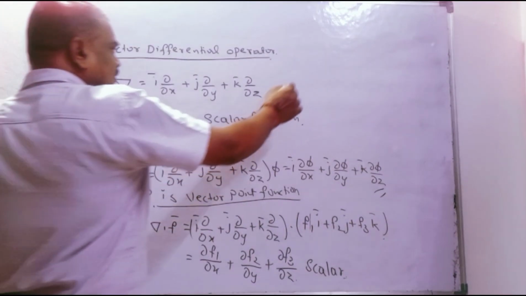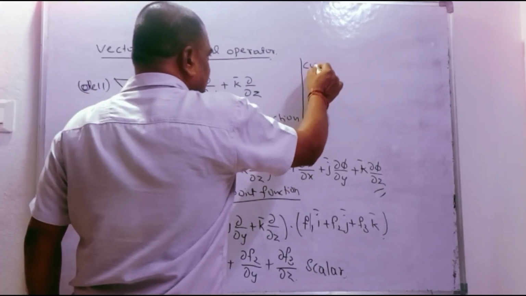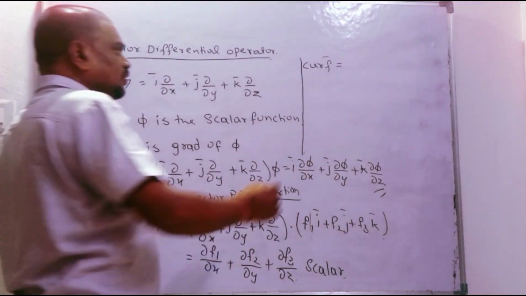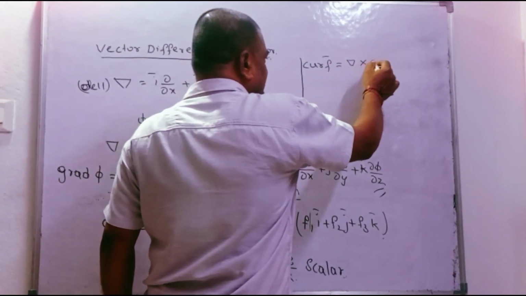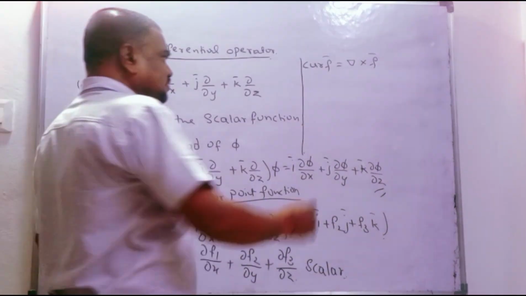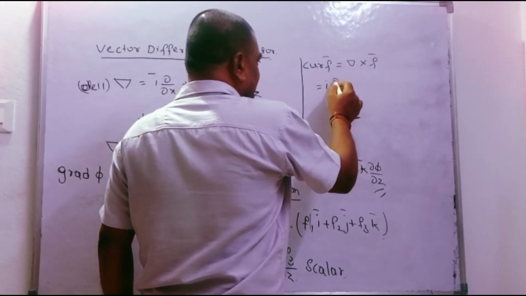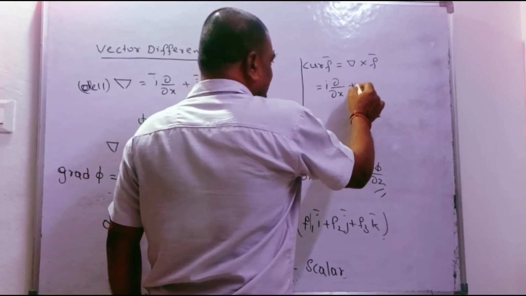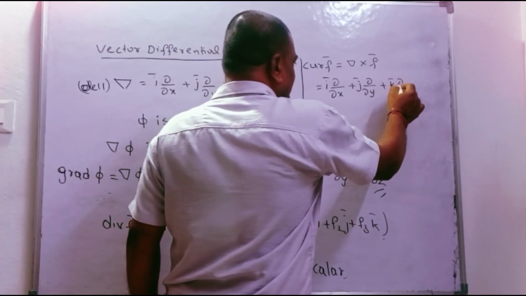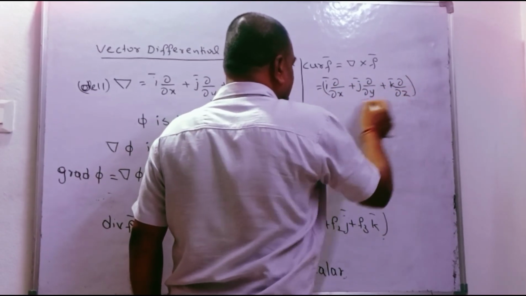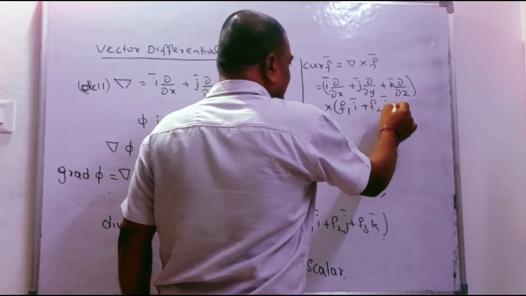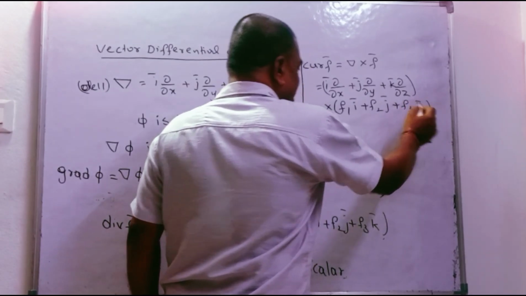Okay, next, curl F bar. What is curl F bar? Del cross F bar. Here this is i bar dou by dou x plus j bar dou by dou y plus k bar dou by dou z, cross product f1 i bar plus f2 j bar plus f3 k bar.